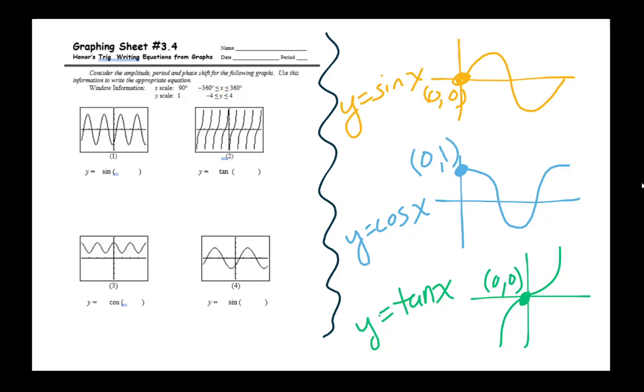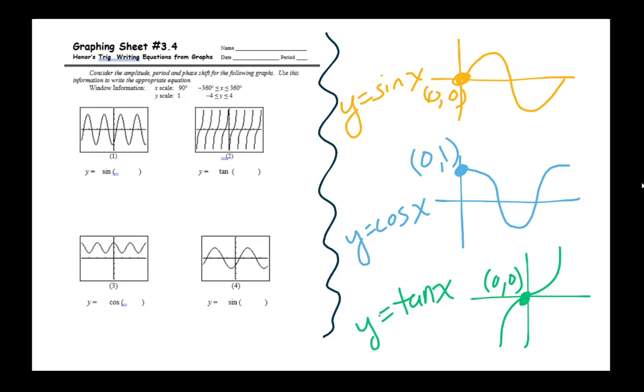The other thing to realize about all these graphs is that any shift or period is always going to be a nice angle. That means it's always going to be a multiple of 30, 60, 90, or 45.